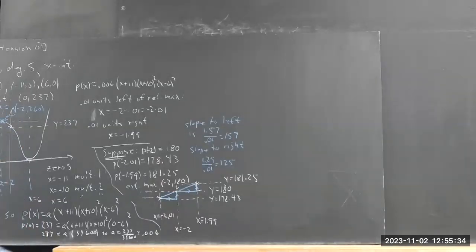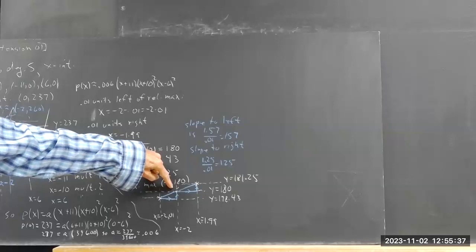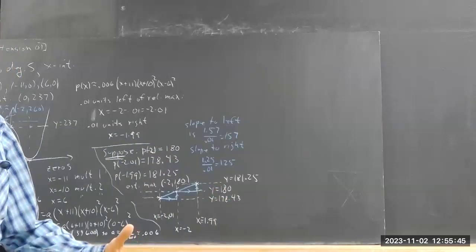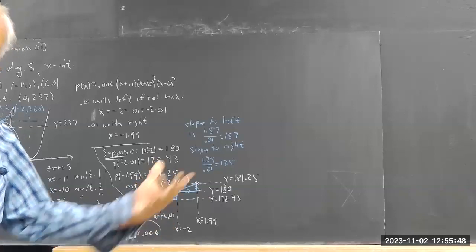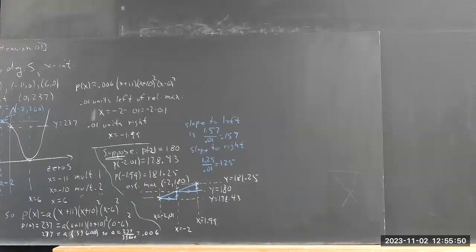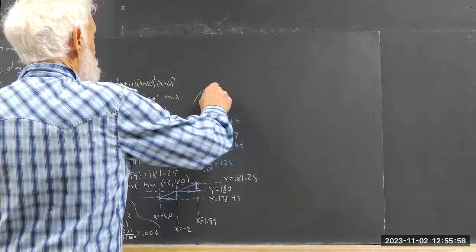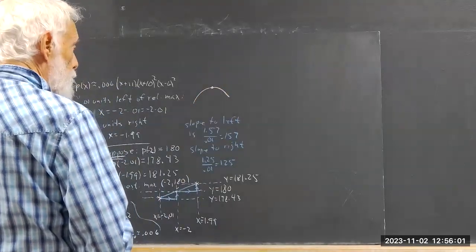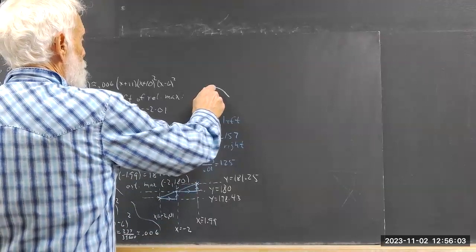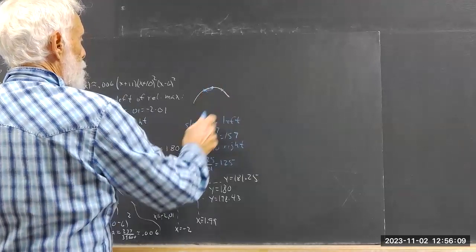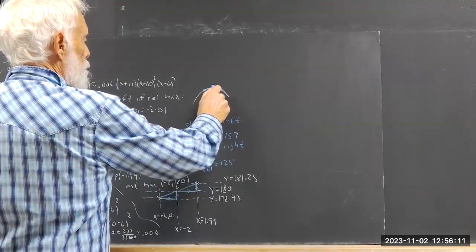Now, in the first place, does this picture show you that this is a relative maximum? No. If it's a relative maximum, your slope to the left should be positive and your slope to the right should be negative, shouldn't it? Well, think about it. If you got a relative maximum, then you take some point close by to the left, some point close by to the right, and you got a triangle here, and you got a triangle here.